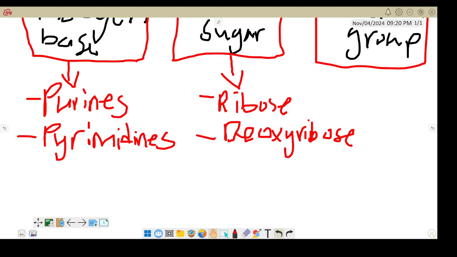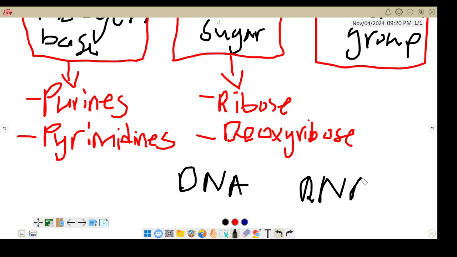So I want to remind you of what we have discussed already. We have DNA and we have RNA. What does NA stand for? By now you should know it's nucleic acid. So this R is ribose, D is deoxyribose.